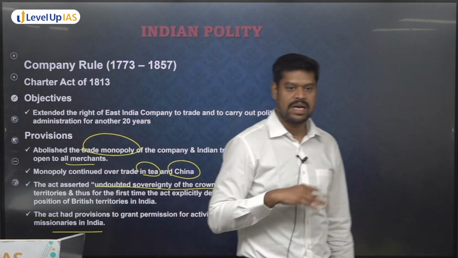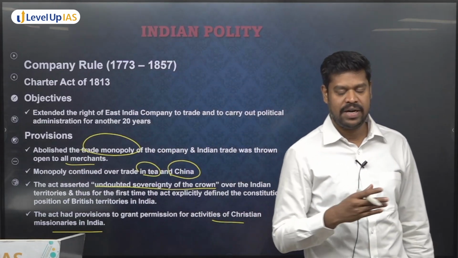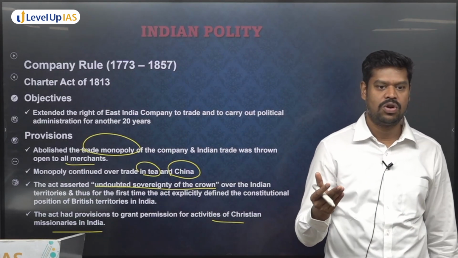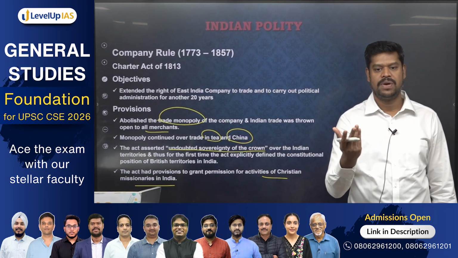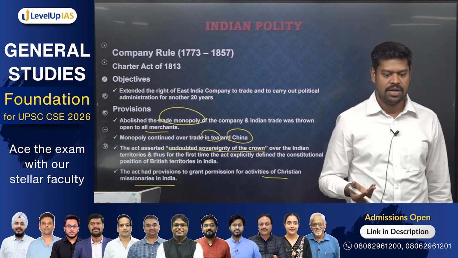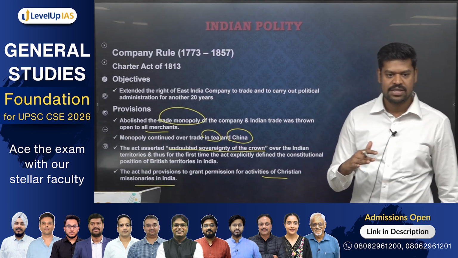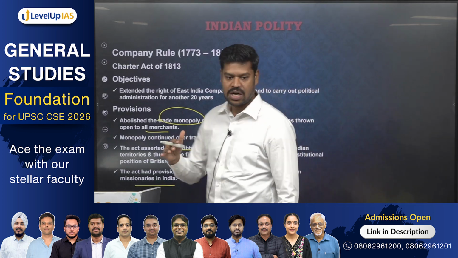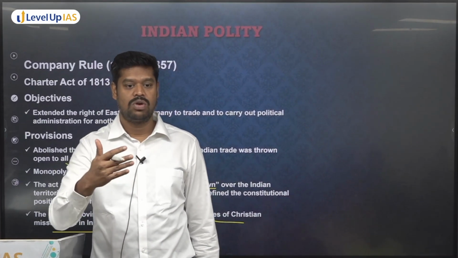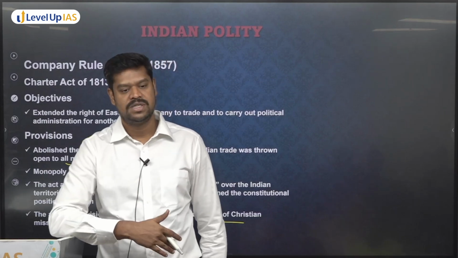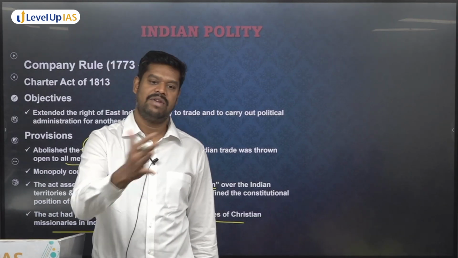Of course, for the company, what is more important? It is not about the spread of religion. For the court of directors, as the owners of the company, what they wanted when they did trade was more profits. They thought that if missionary activities were allowed, it might be possible that the local nobles and the local rich merchants in our country might revolt. It may have an impact upon what?